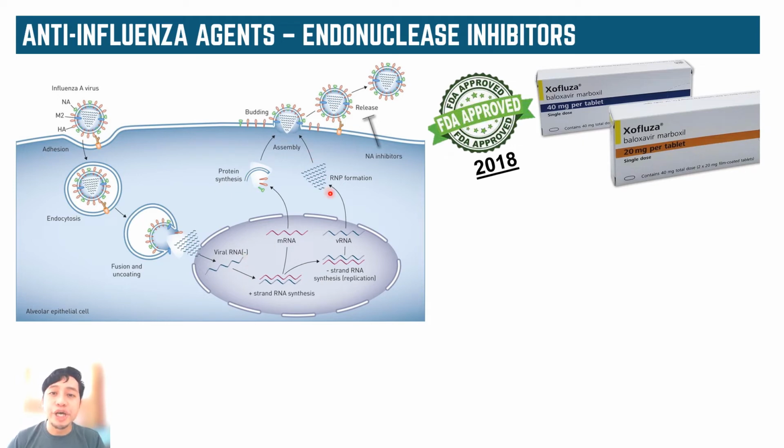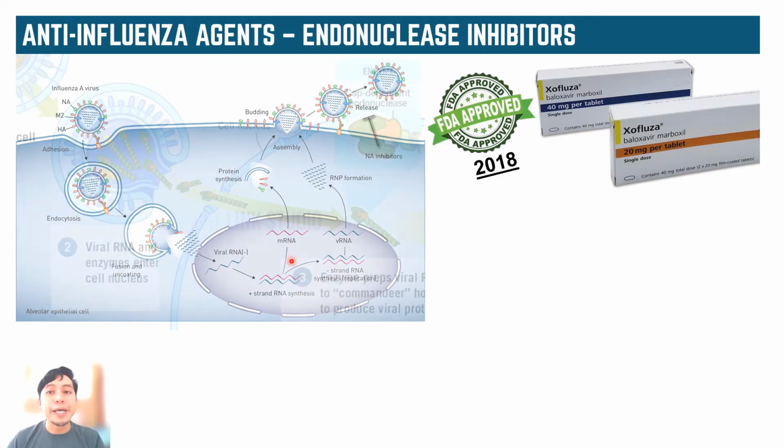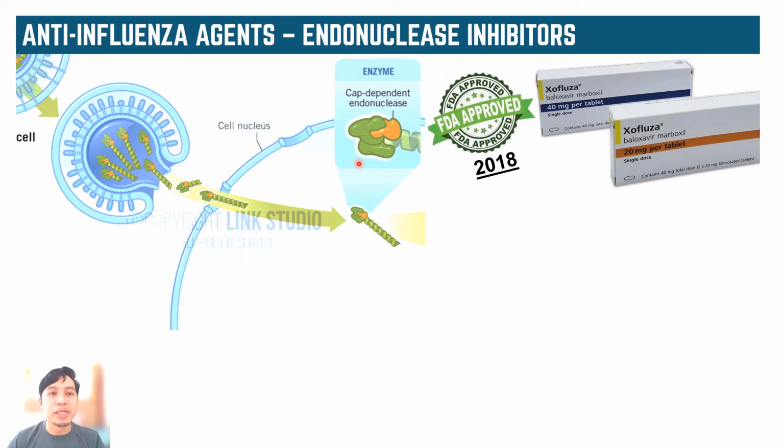If you can see in the diagram, there is a cap-dependent endonuclease, which is an essential subdomain of the viral RNA polymerase enzyme. This cap endonuclease serves as a primer for viral mRNA transcription.